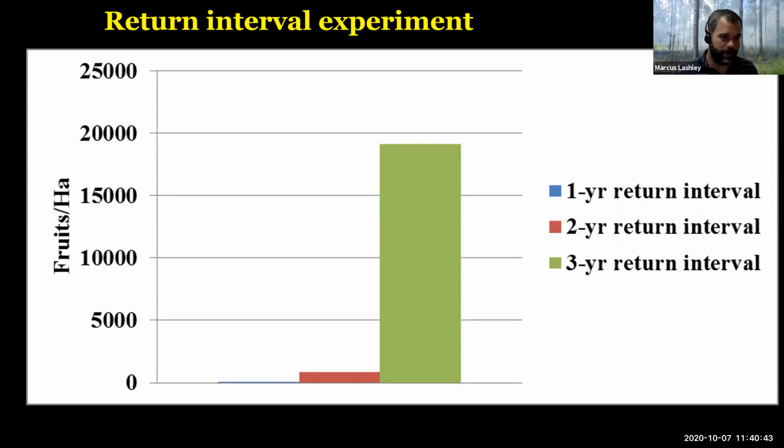Now, think about it from this point of view. There's always winners and losers. The 2 year or 1 year interval benefits a lot of plants and a lot of wildlife species that don't need fruit. But if you did only that, things that need fruit might suffer as well. So that's why it's important for us to mix things up and have variable applications of practices like fire.